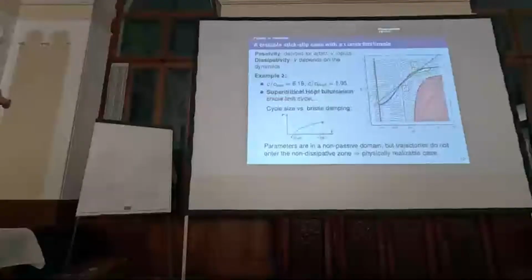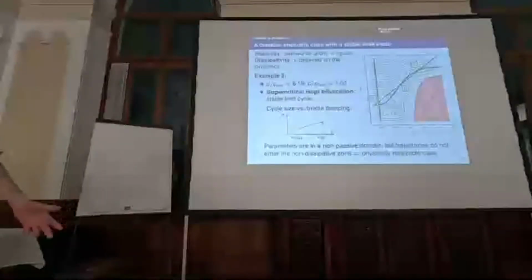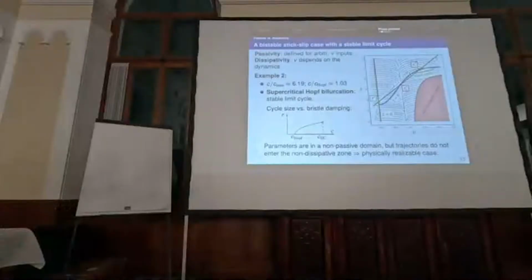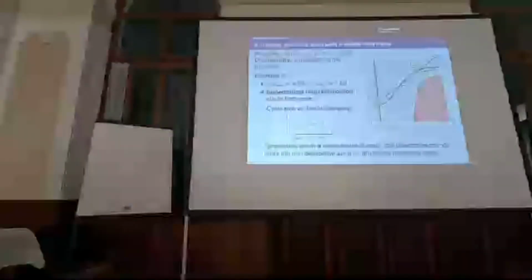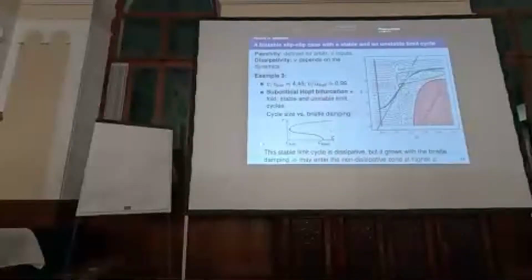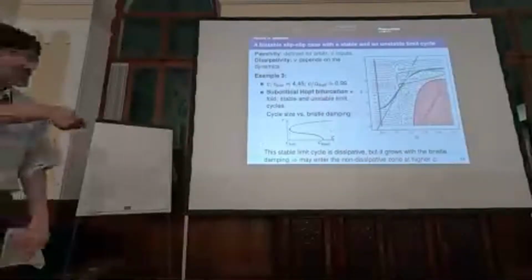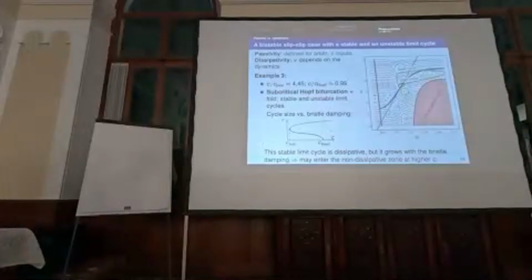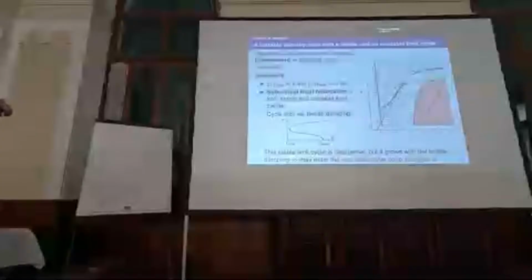In the next example, we can have even a supercritical case, which means that we have a stable limit cycle and an unstable slipping solution. You can see again that this does not enter the problematic zone. Third example. Now you can see that this case is even more complicated, since here we have a global bifurcation, a fold bifurcation.